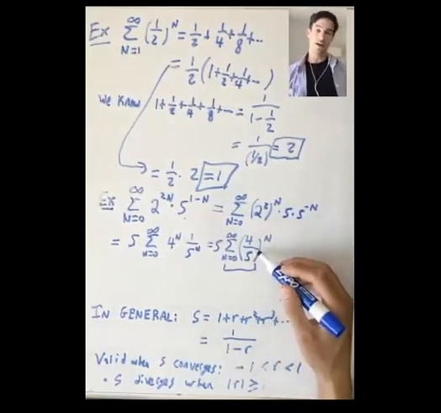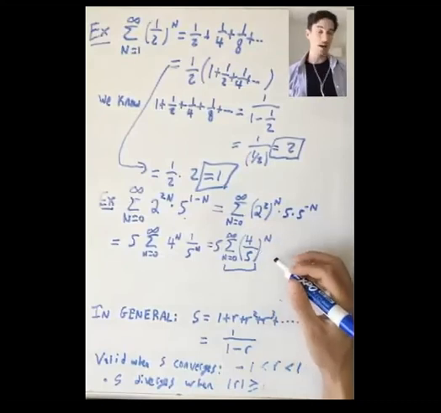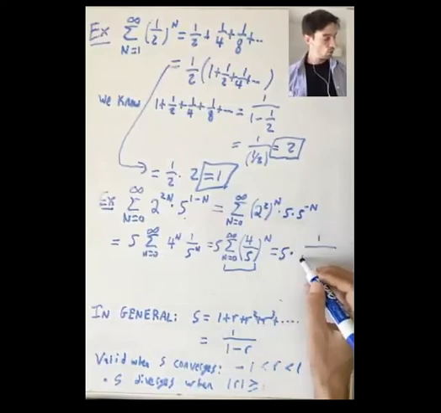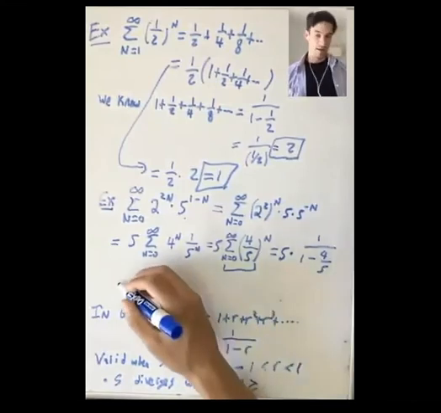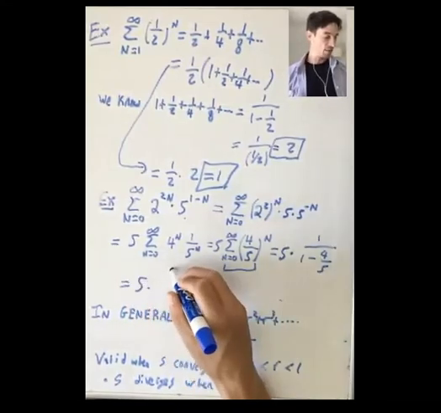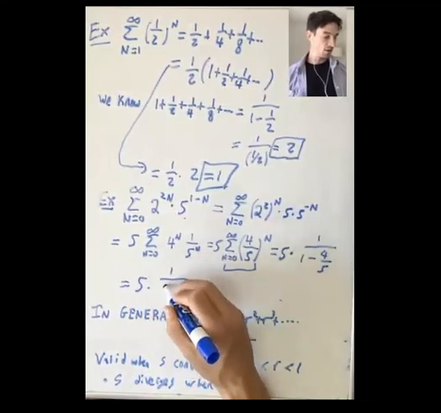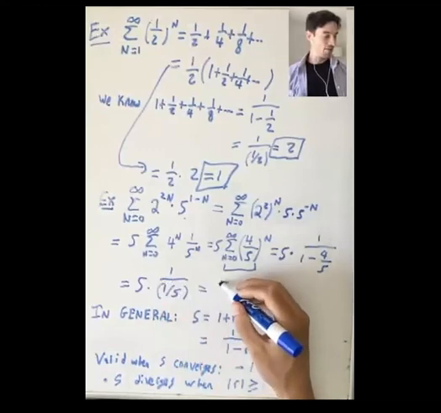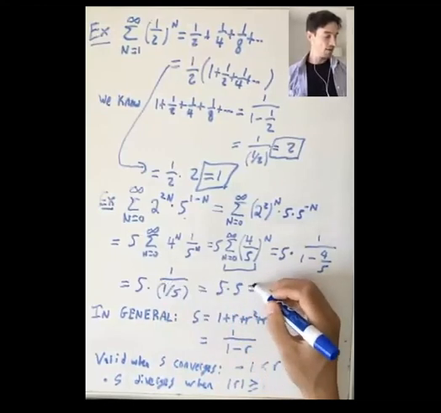This is 1 plus 4/5 plus 4/5 squared plus 4/5 cubed. So what we get is 5 times 1 over 1 minus 4 over 5. It's easiest to rewrite this as 5 times 1 over 1 over 5, which is 5 times 5, which is 25.